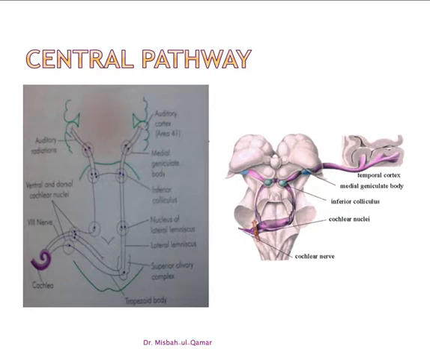And then the fibers from the medial geniculate nucleus go to the temporal cortex via the internal capsule as the auditory radiations. So the final destination is the primary auditory cortex which is also called area 41.